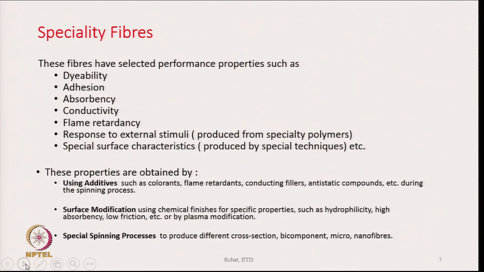The surface property of the fibers can be changed, or by a special spinning process we can produce different cross-sectional types, bicomponent fibers, microfibers, nanofibers.